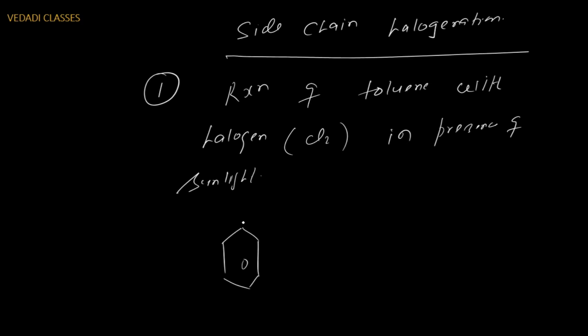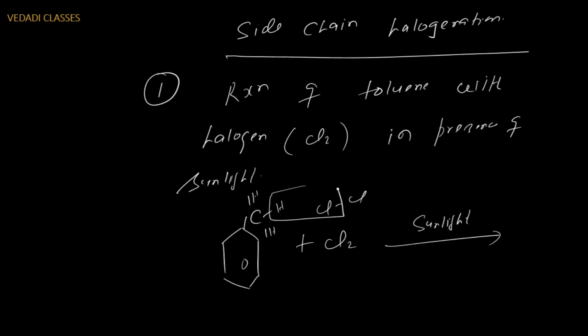So this is toluene. Now when toluene reacts with chlorine in presence of sunlight, you can write toluene just like this, CH3, H over here. So chlorine is Cl2, so one HCl is out from here and it will form benzyl chloride.